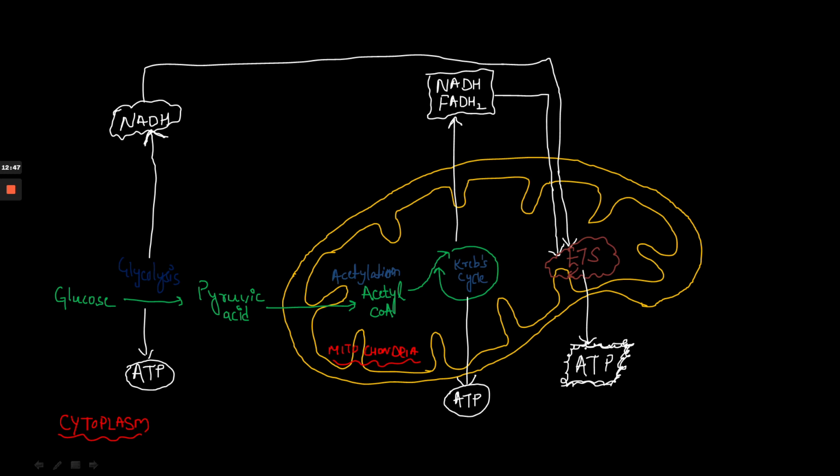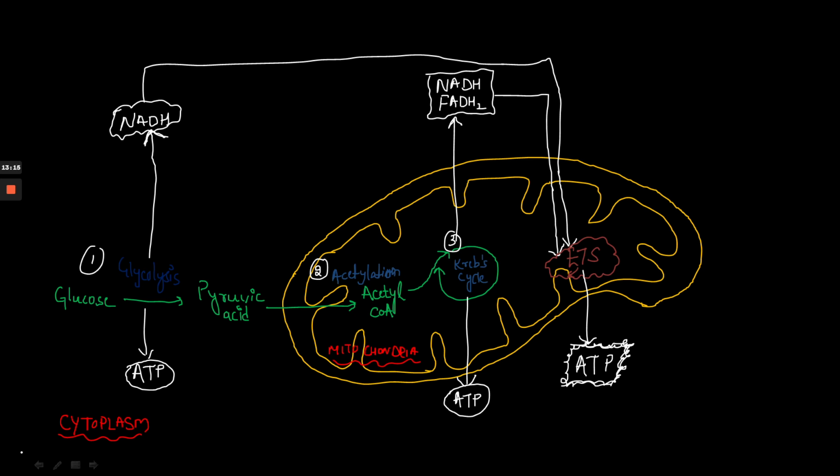So this is the basic picture of aerobic respiration. The very first step is glycolysis. Second step is acetylation, which is also known as the link reaction. Third is the Krebs cycle. Now during all this process, whatever NADH and FADH2 are being produced, they are going to get converted into ATP during the electron transport system. So this is the basic picture for aerobic respiration.